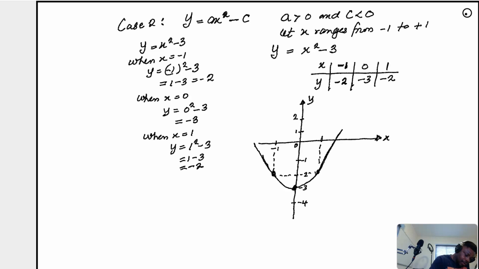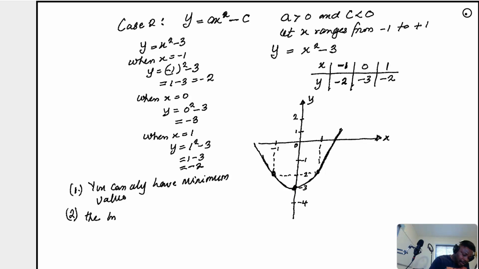Our curve is going to be that. You can see that our curve here can only have a minimum value, right?